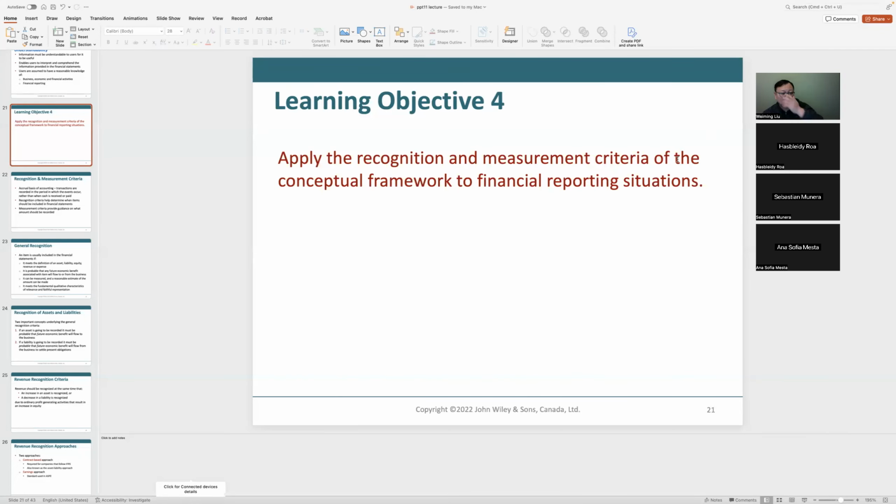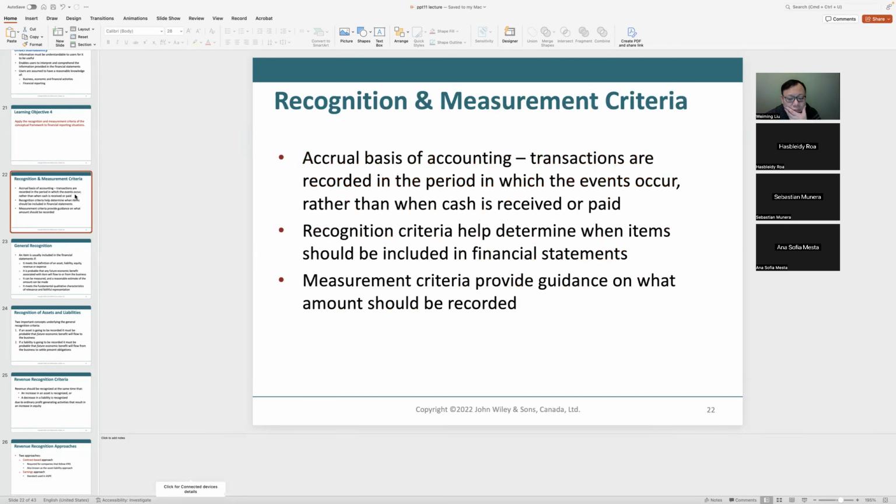Okay, now let's work on learning objective number 4. Apply the recognition and the measurement criteria of the conceptual framework to financial reporting situations. Recognition and measurement criteria, right?